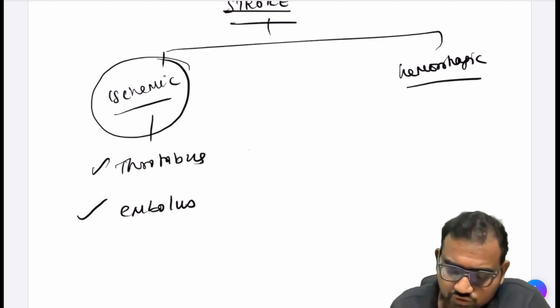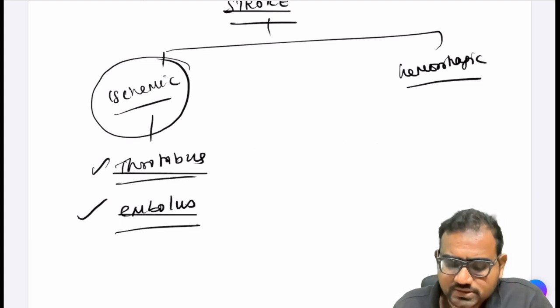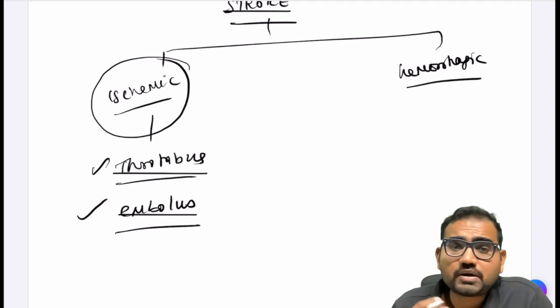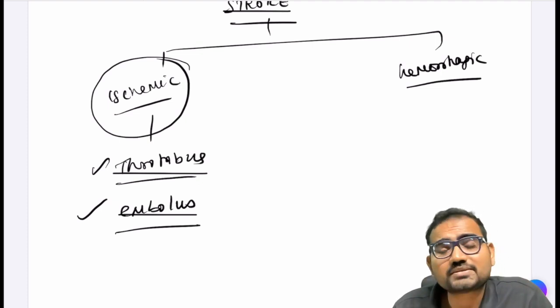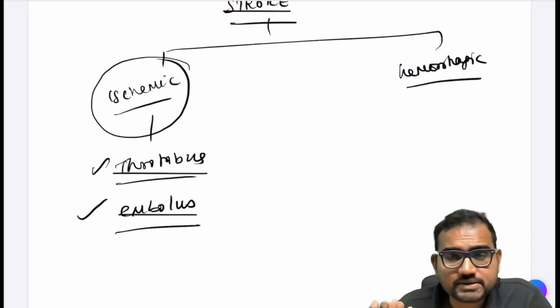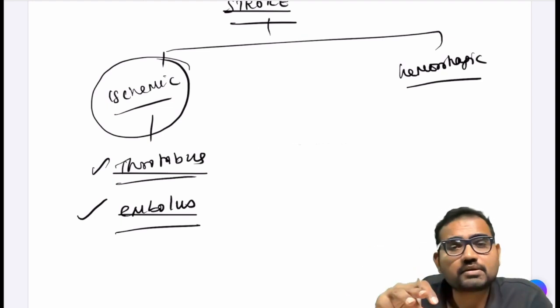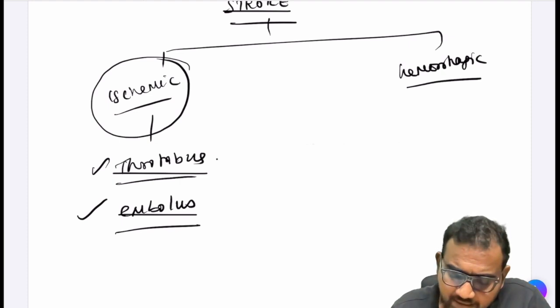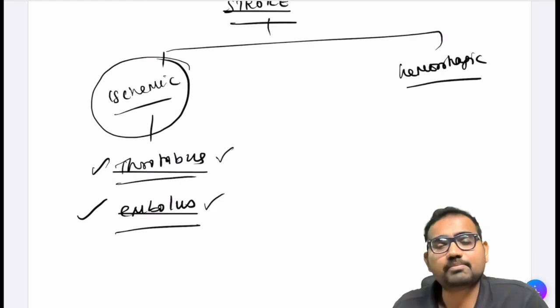That is the thrombus. Embolus is any rupture of the atherosclerotic plaque that travels to the brain from the heart or from the carotid arteries, and that results in blockage. So it can be because of a thrombus or embolus.